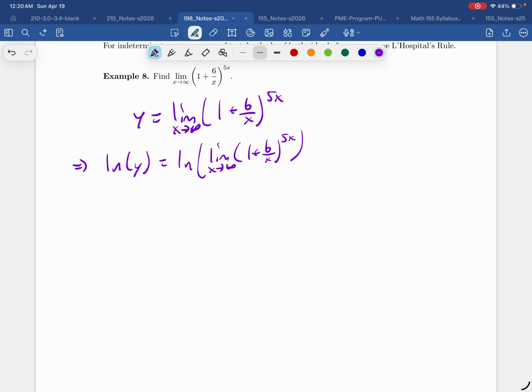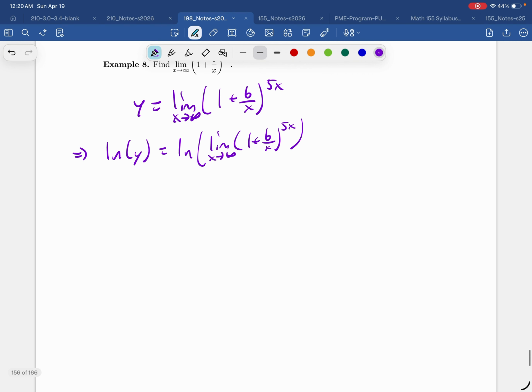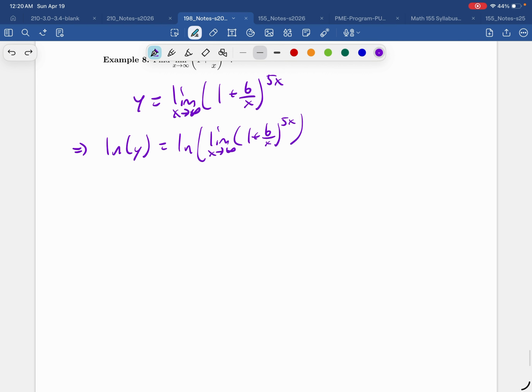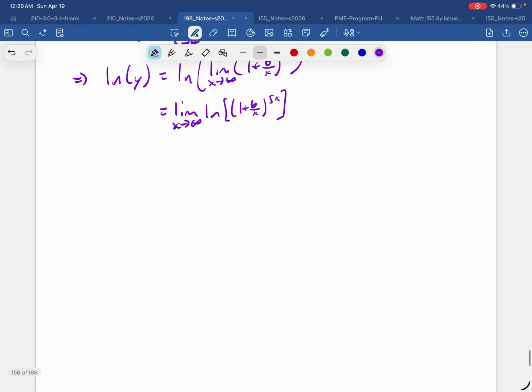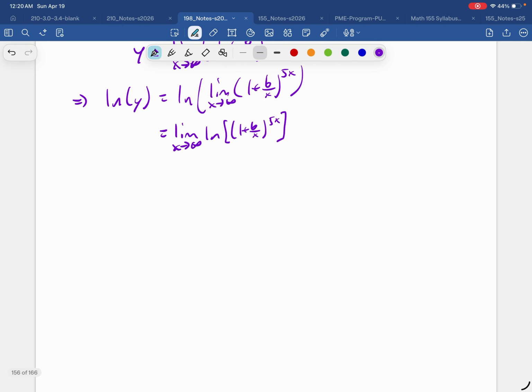Now, it turns out that because this is a continuous function, you're allowed to stick ln inside the limit. Okay? And this is nice because now that we have ln on both sides, we can bring down that 5x right in front of the ln.